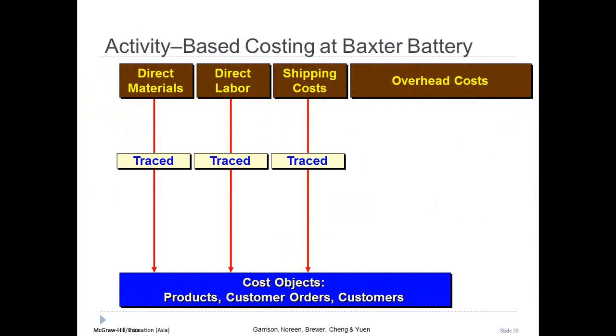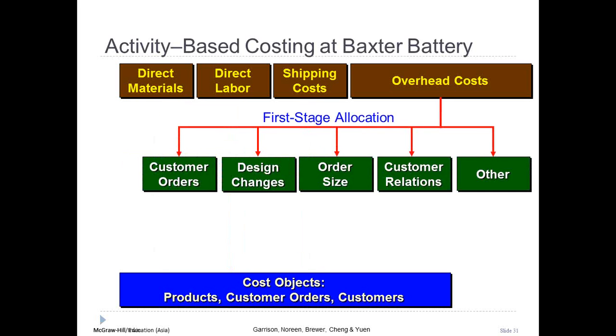So before proceeding, let's get a visual perspective of the Baxter Battery ABC system. The direct materials, direct labor, and shipping costs are directly traceable to products or customer orders. The first stage allocation process assigned the remaining overhead costs to the 5 activity cost pools.